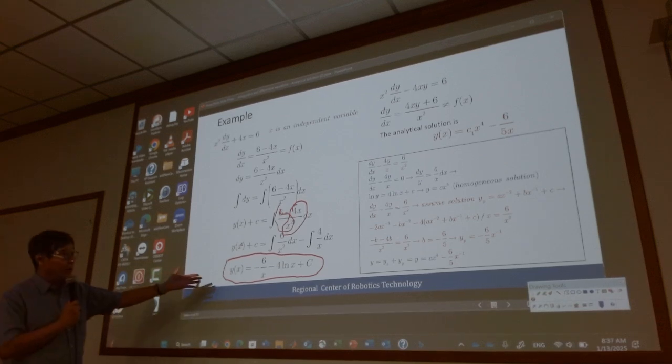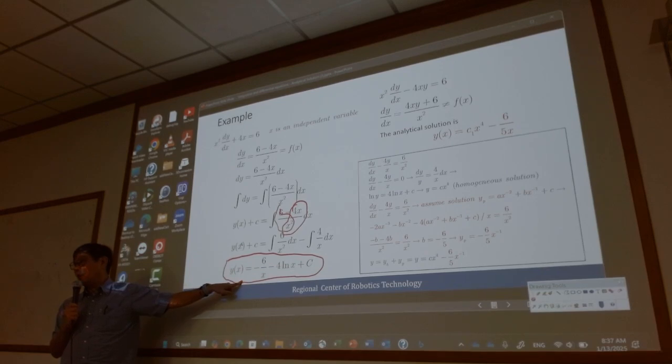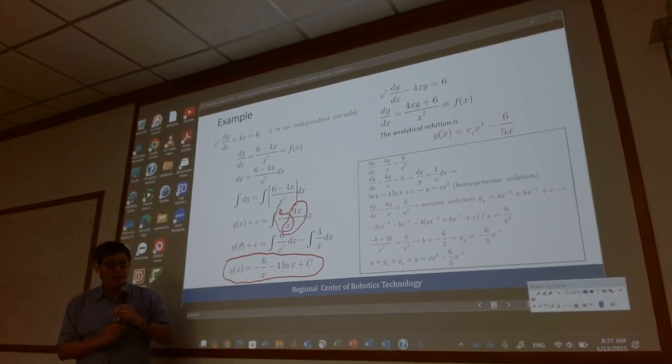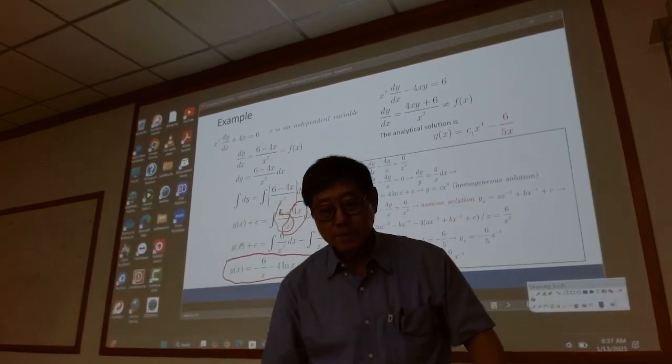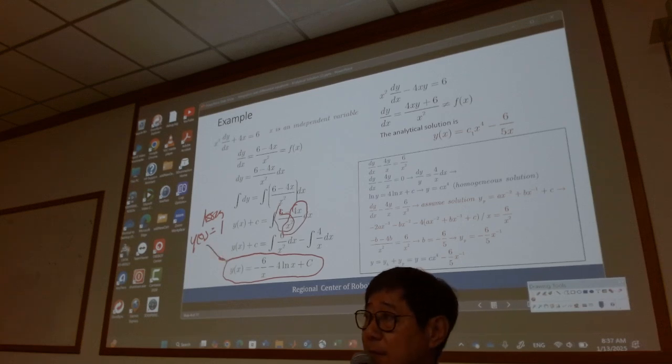If you want to solve for C, you need some initial condition. If you know y at 0 equals 1, let's say, you can find C in this case.